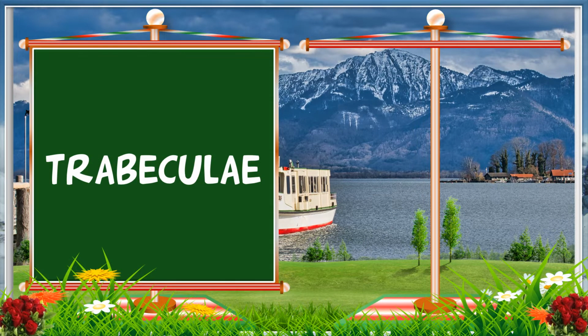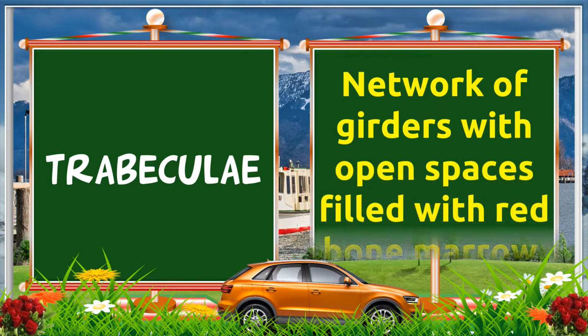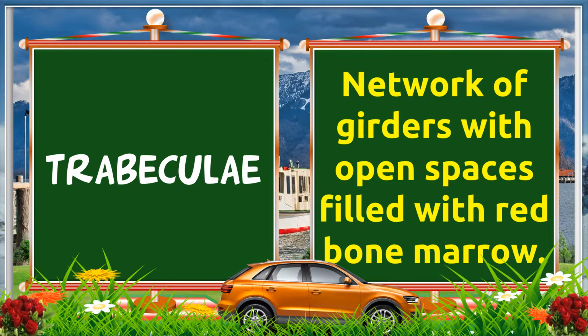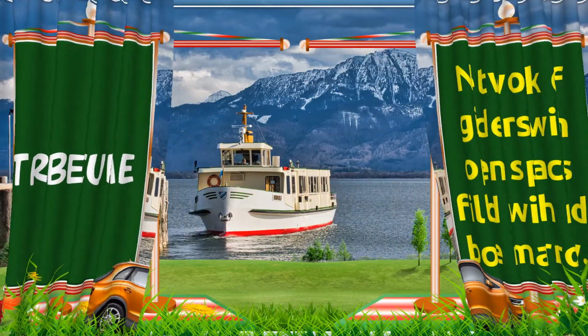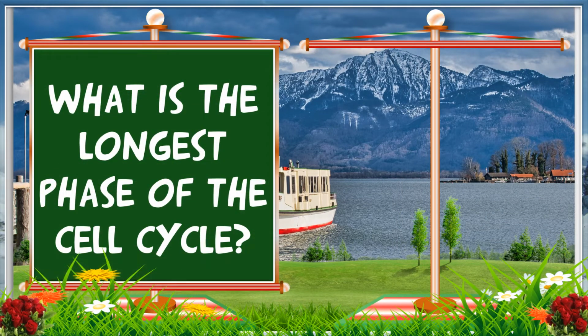Trabeculae. A network of girders with open space filled with red bone marrow. What is the longest phase of the cell cycle?